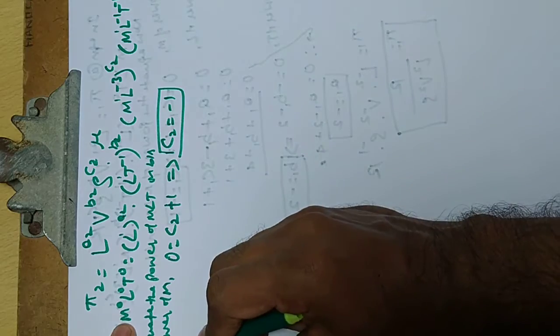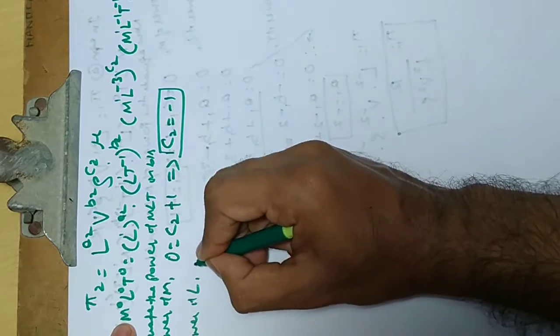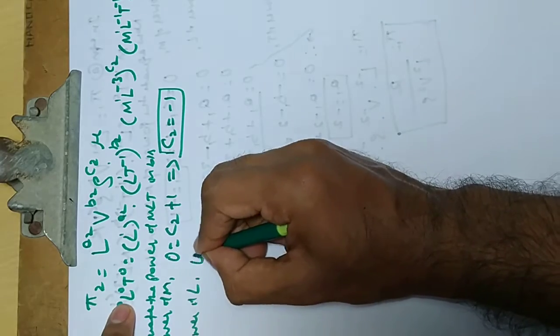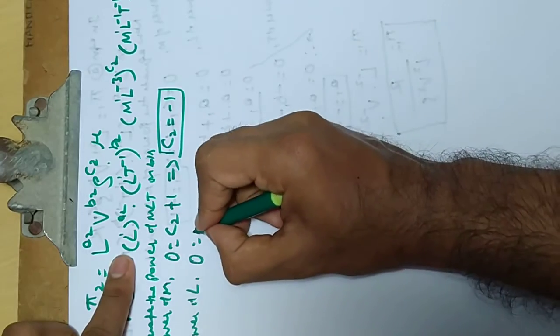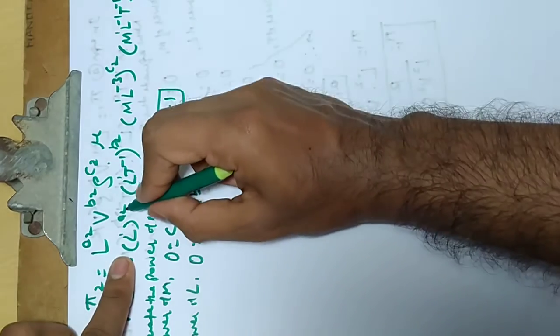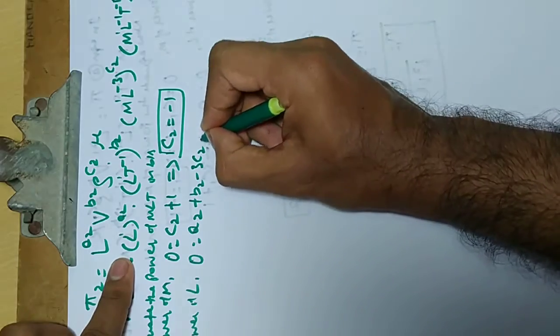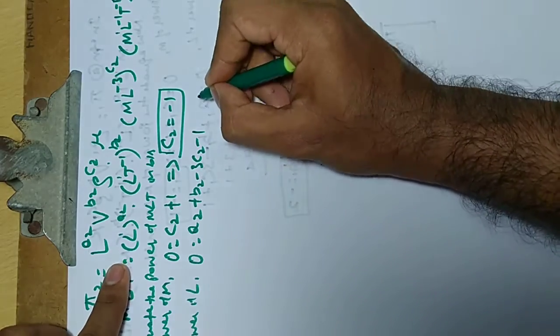Next, equate the power of L on both sides. The power of L on the left hand side is 0. On the right hand side, a2 plus b2, minus 3 c2, minus 1.